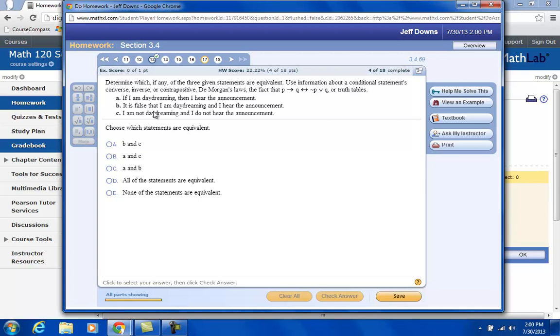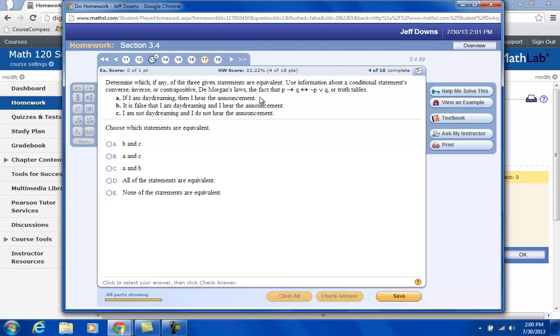So our first statement is going to be if P then Q. Second one, it is false that I am daydreaming, so not P, and I hear the announcement, so Q, not P and Q. And then C says I am not daydreaming, so not P, and I do not hear the announcement, not Q. Well, if you look right up here, it says if P then Q is equivalent to not P or Q, and we have that.